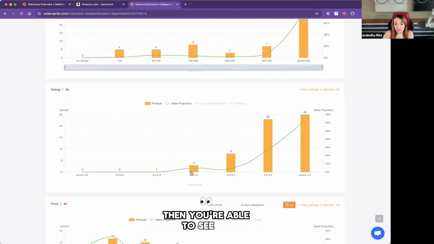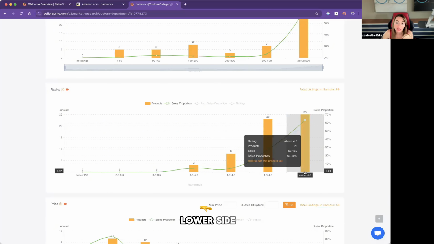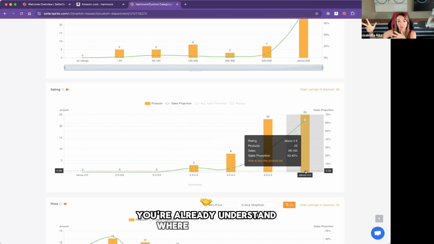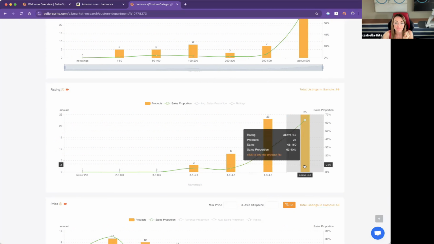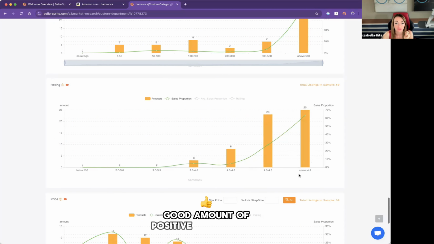Then you're able to see the rating distribution between 3.5 and 4.5. So if you're planning to sell supplements or skincare, this rating will be on the lower side. But if this rating is on the higher side, you already understand where you're going into, and you understand if you will be able to make this product better and get a good amount of positive reviews, right?